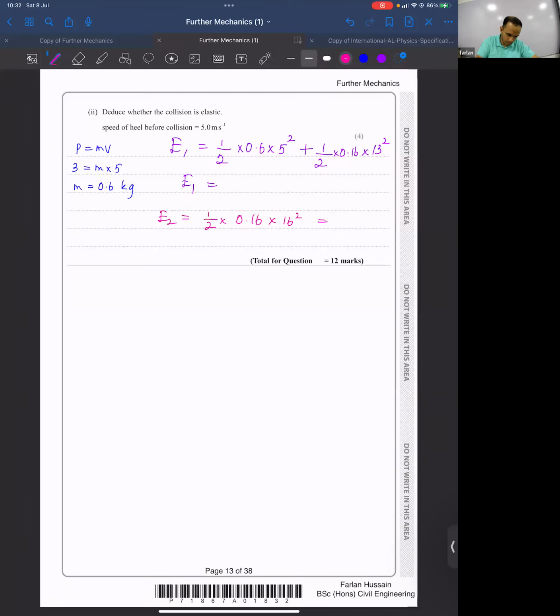For the first one I'm getting 21.02 joules. Second one I'm getting 20.48, or 20.5 joules.